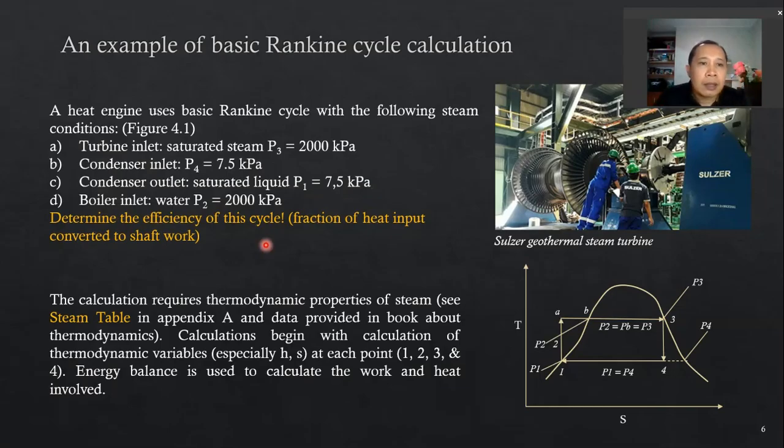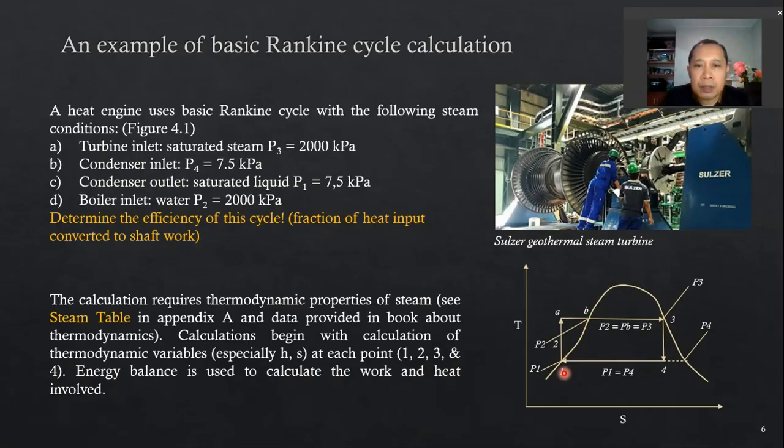Okay, and then determine the efficiency of the cycle. This is the depiction of a standard or basic Rankine cycle. Okay, so from here, point 1, going from 1 to A, B, then point 3, 4, and then back to 1. Okay, so what we do in this kind of calculation is we have to determine the thermodynamic conditions.